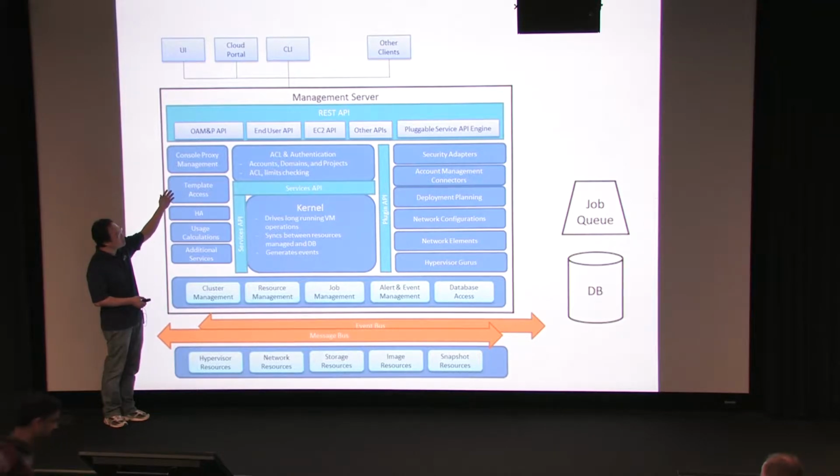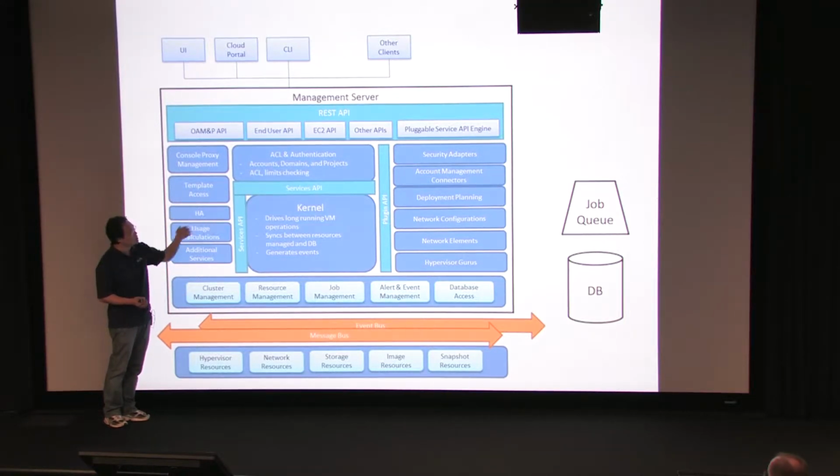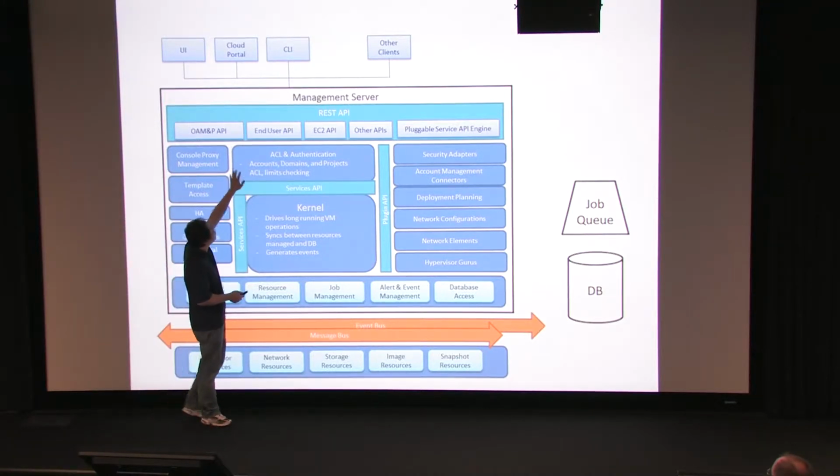So a lot of people can actually add code in this portion that says, I want this particular behavior, or I want this particular monitoring of CloudStack or the VMs underneath, and I just want to be able to drive that through this API. And above here is still basically our REST API.